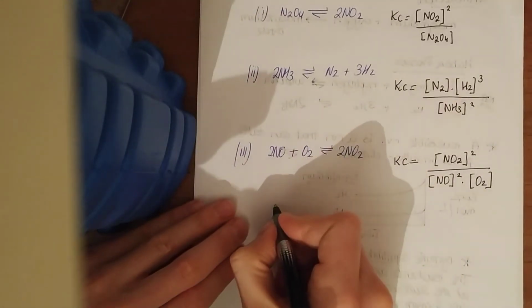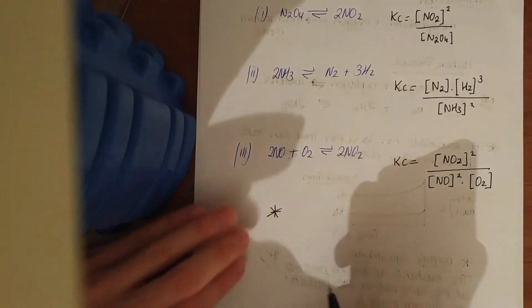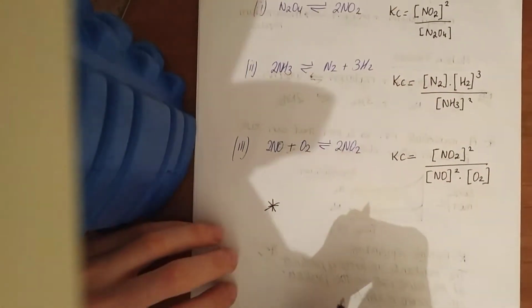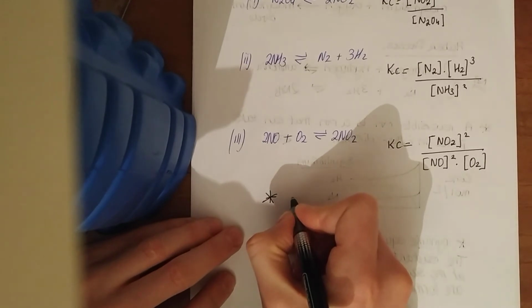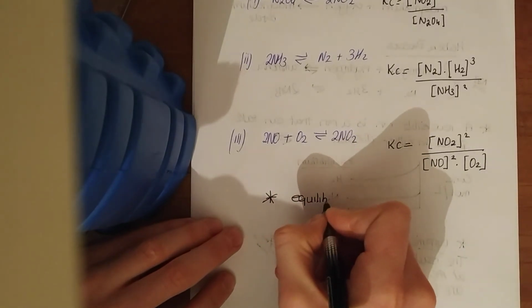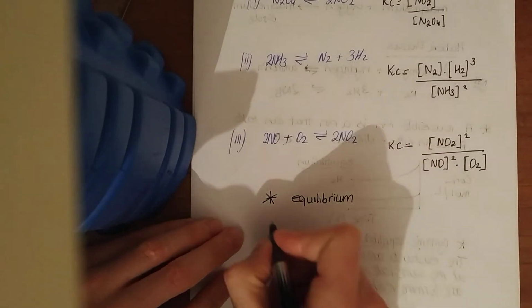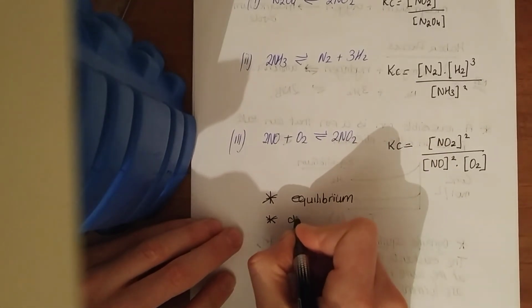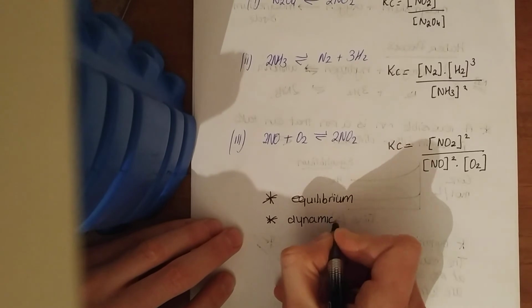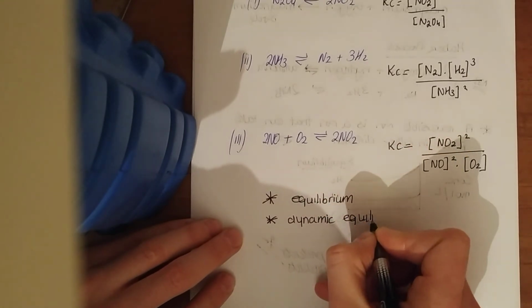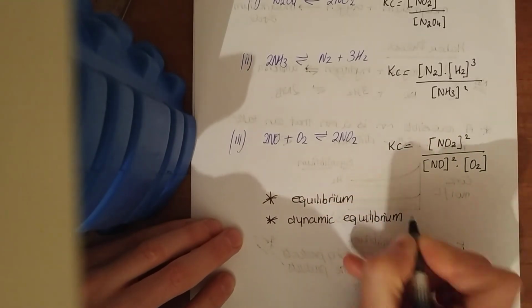So the big thing I want you to take from these two short videos is your definition of equilibrium. So when the rate of the forward reaction equals the rate of the reverse reaction, you might say then, why is it described as dynamic equilibrium? There are reactions continually occurring.